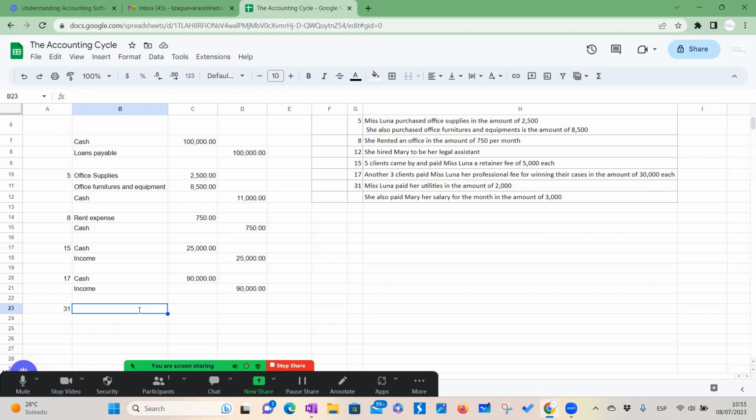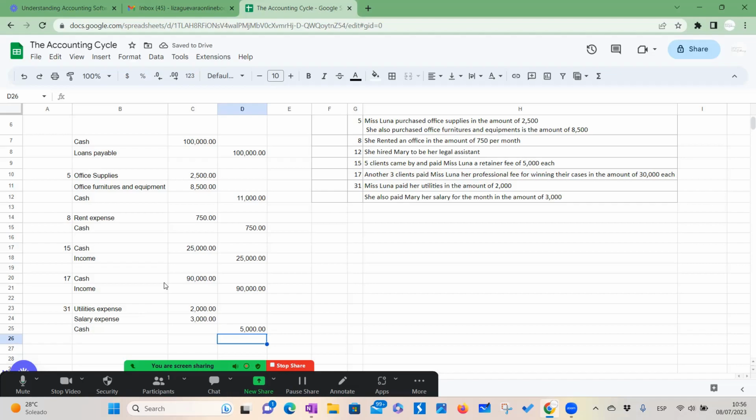So we'll debit utilities expense in the amount of 2,000 and salaries expense of 3,000 and credit cash in the amount of 5,000.